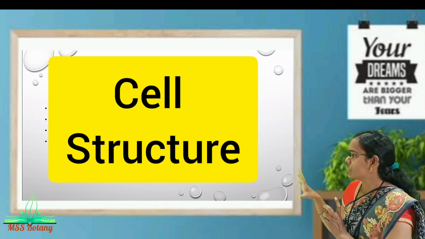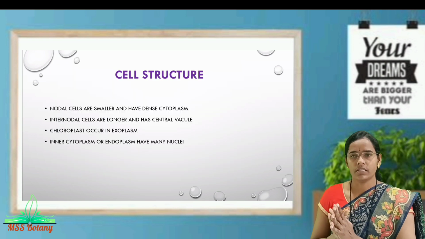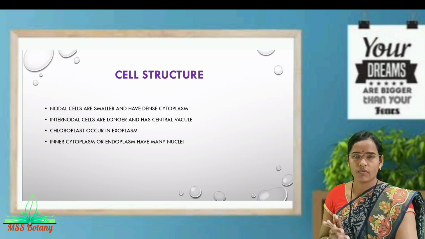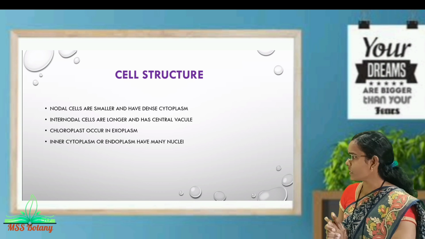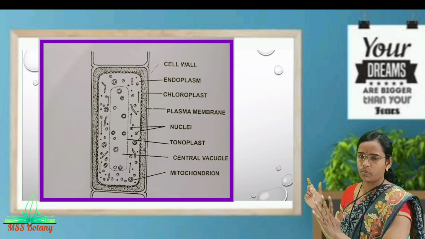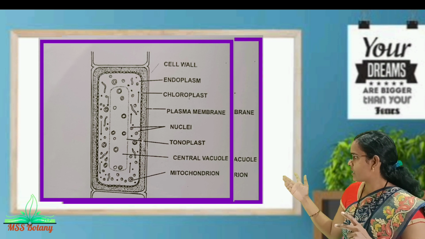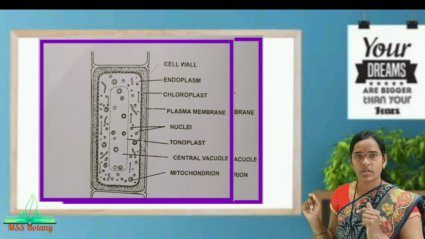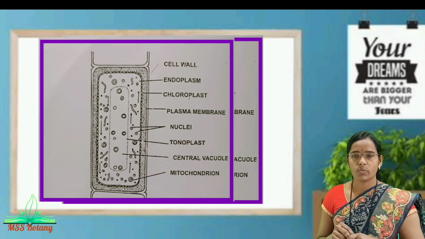And when we see the cell structure of Chara, the cells have a large central vacuole and cytoplasm. The cytoplasm of Chara cells consists of two layers, exoplasm and endoplasm. The outer layer is called the exoplasm, and the inner layer is called the endoplasm.